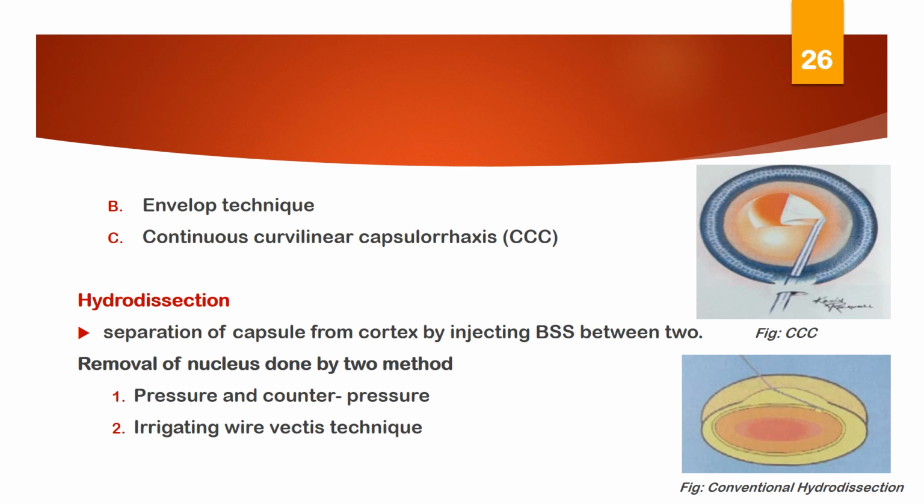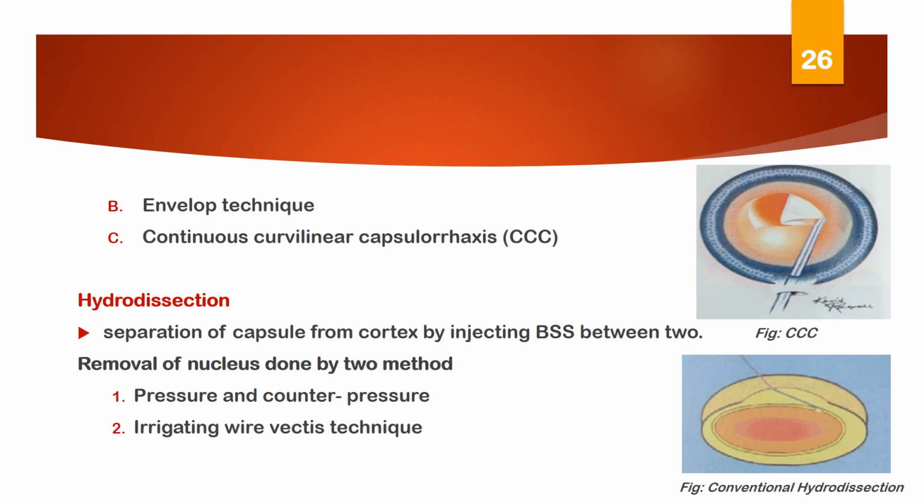The second method is the envelope technique, and third is the continuous curvilinear capsulorhexis. CCC gives a smooth edge to the anterior capsular opening, which increases the strength of the capsular bag.